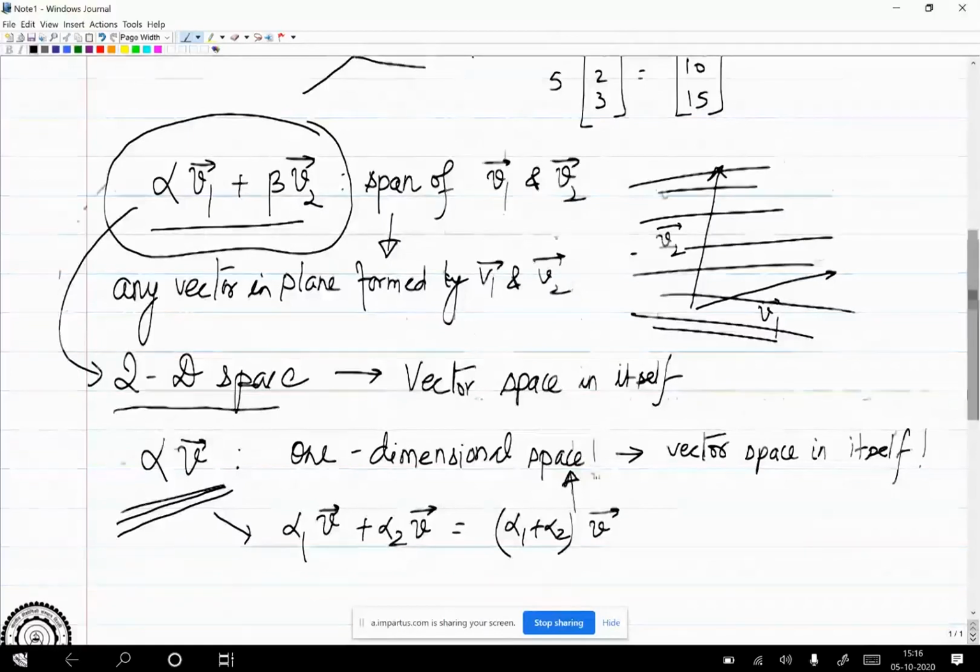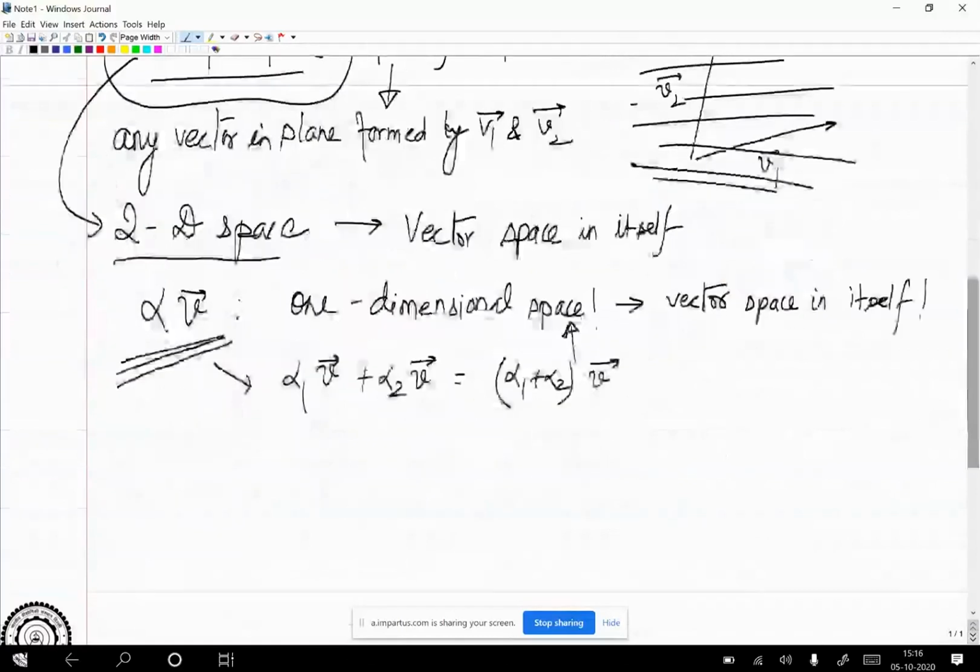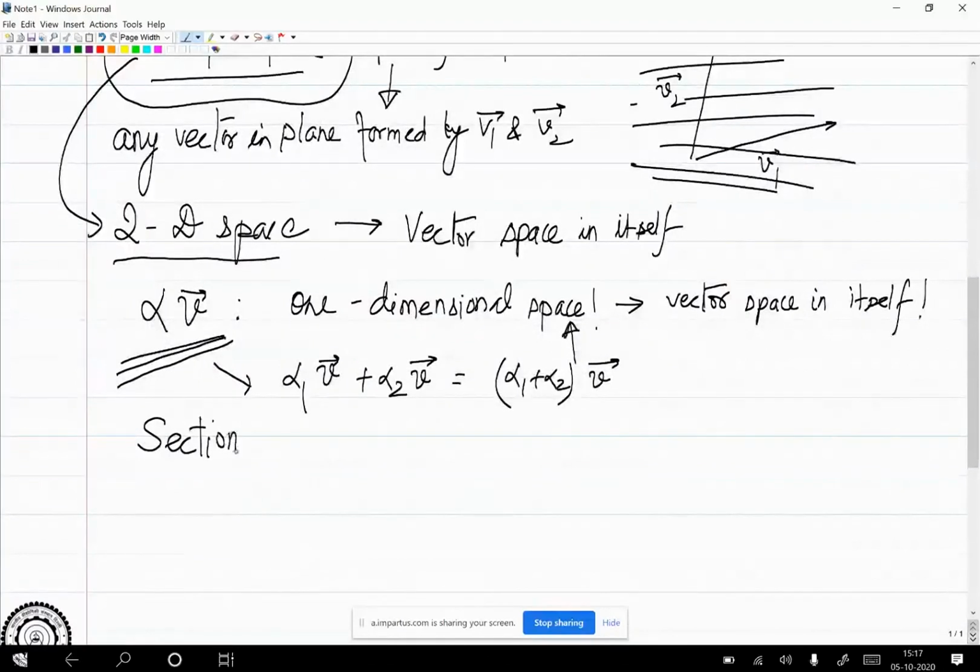See, for more clarity, please read section 2.1. Okay, and I think you will be taught about this in engineering mathematics also. I really haven't done a nice job in telling you about vector space, but please read section 2.1.